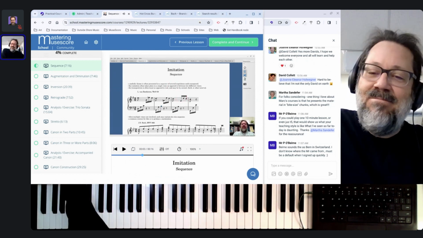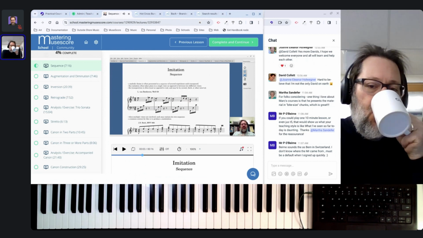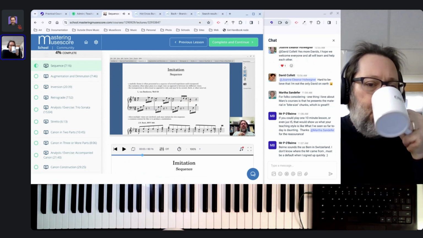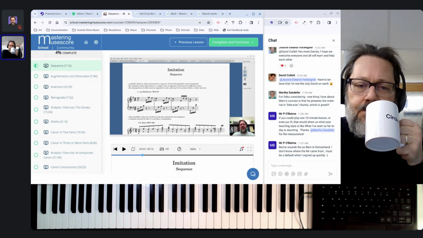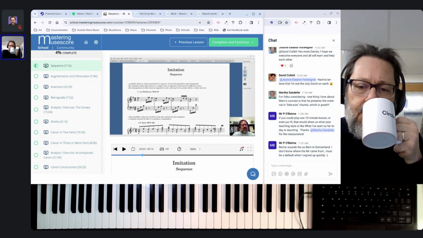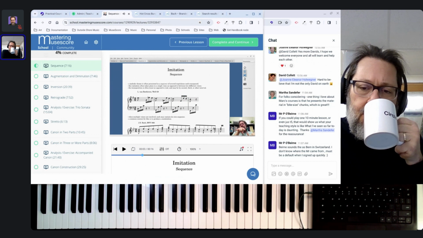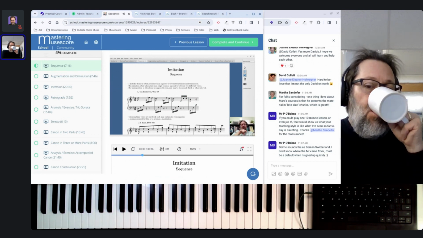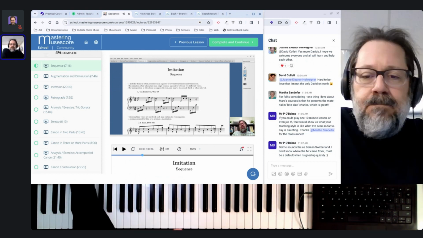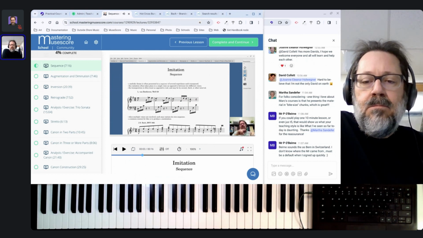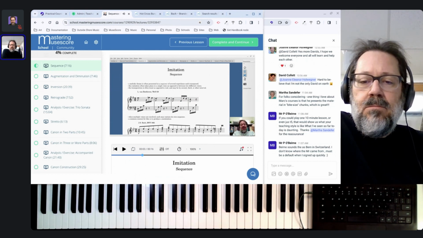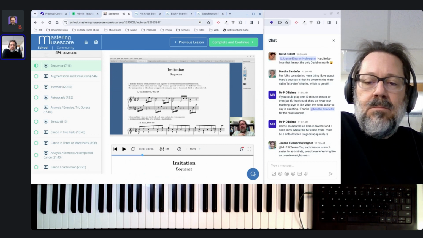Sequence. In this lesson, we're going to look at a really specific but very common melodic device involving imitation, where we have a motif, and then we repeat that motif again, say a step above. And then we repeat it again, another step above. So it's usually in threes, sometimes more than threes, but in order to be called a sequence, it's usually at least three. Or maybe it's down a step each time.